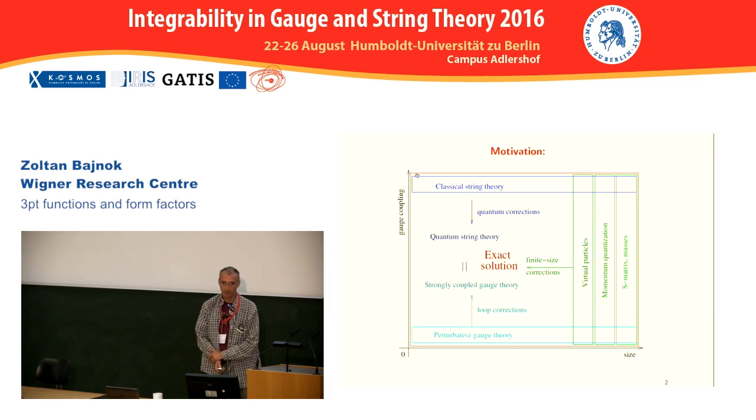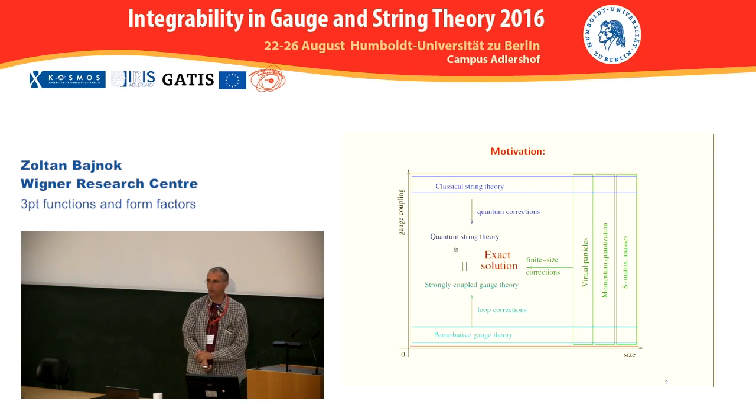On the other side, if you go to very large gauge couplings, then you have classical string theory. Here, the inverse of the 't Hooft coupling is the Planck constant. So when you calculate quantum corrections, it's an expansion in 1 over g. Then you have to sum up all these corrections to get the quantum theory of strings.